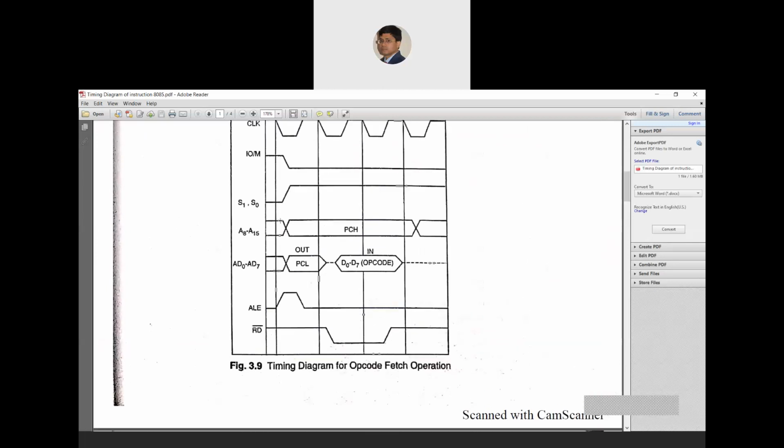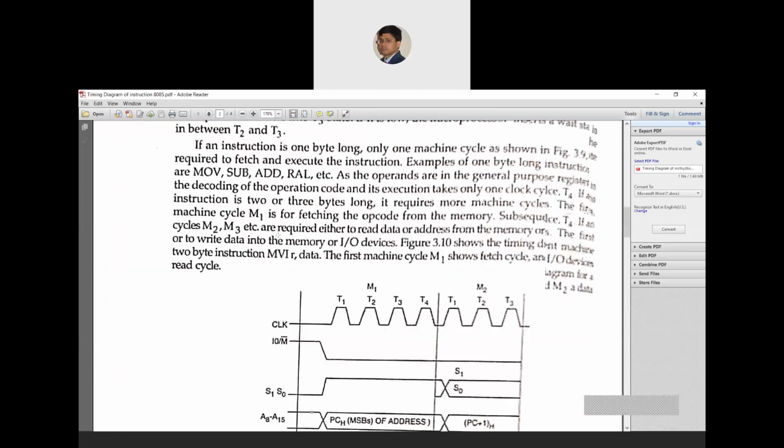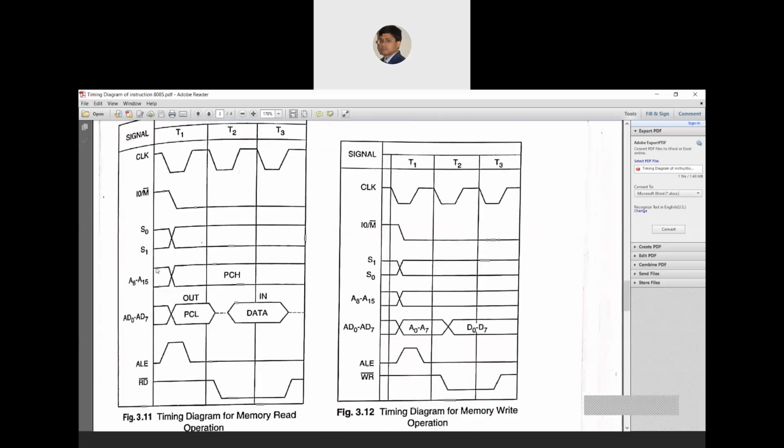So always it is there; to understand, it is changing in this current instruction. Whatever the previous value was, it is changing here. After changing this state, it contains the PCH value.